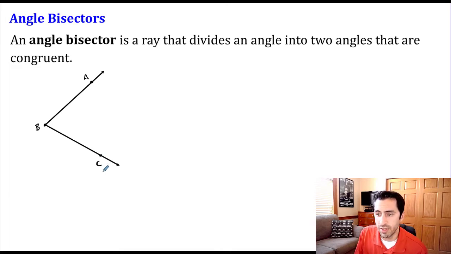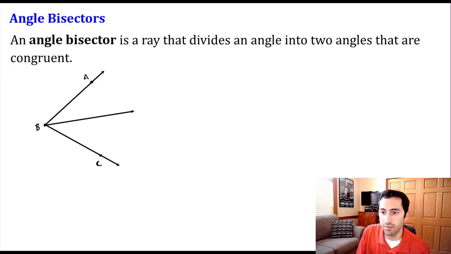All right, now the definition says an angle bisector is a ray that divides this angle into two congruent angles. So what that means is we have another ray that is going right down the middle of this angle, exactly splitting it in half. Let me put another point on this last ray, and let's say that this is point D. So what I'm looking at here is the two angles on either side are exactly the same size.